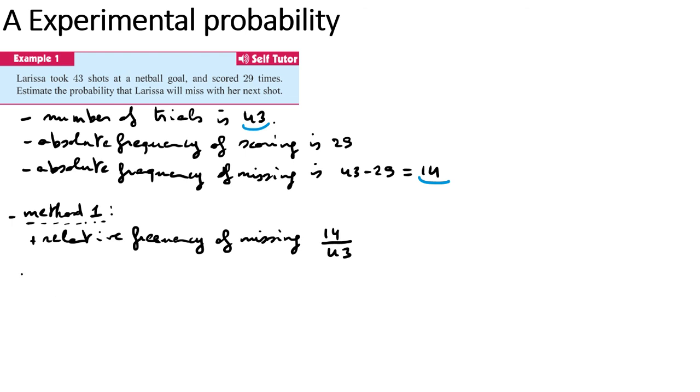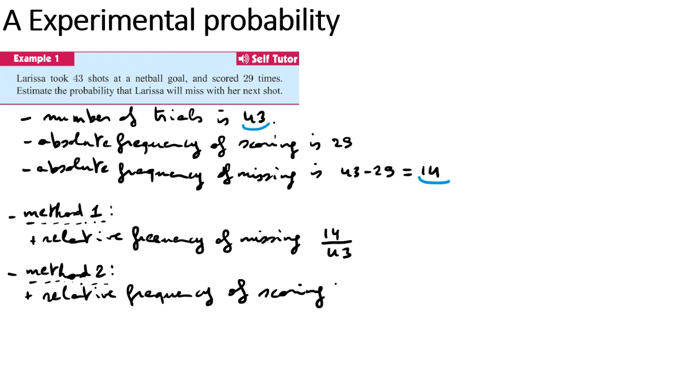Or we can use a second method. We can first find the relative frequency of scoring, which is 29, the absolute frequency of scoring, over the number of trials, so that's equal to 29 over 43.